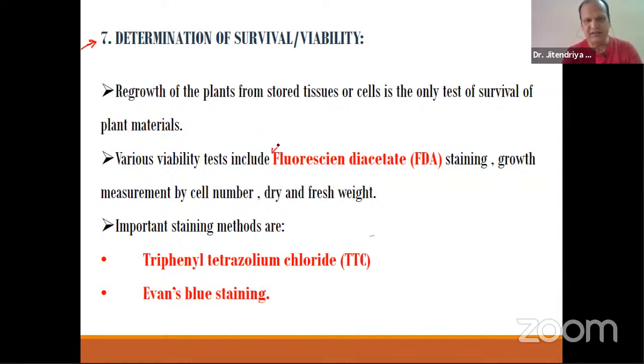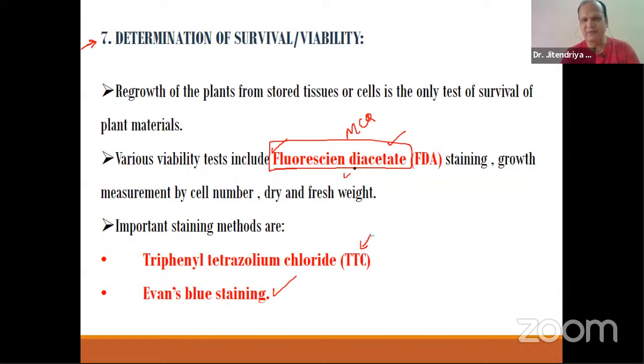One is FDA test, fluorescein diacetate. You have to remember by heart. This question is asked in your viva also, as well as in MCQ. Very important. I am repeating. This one is meant for the living condition, living cells. This one is for dead cells, and this one also for living.